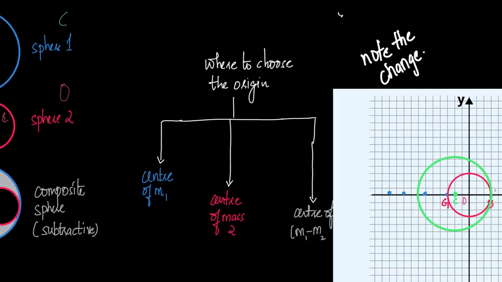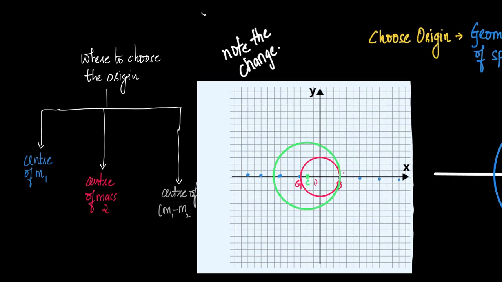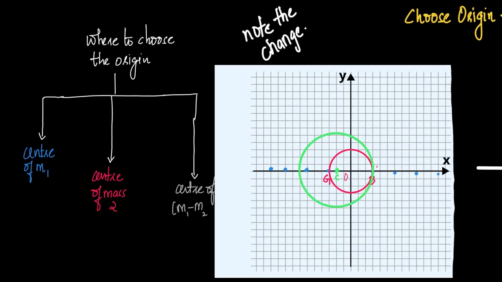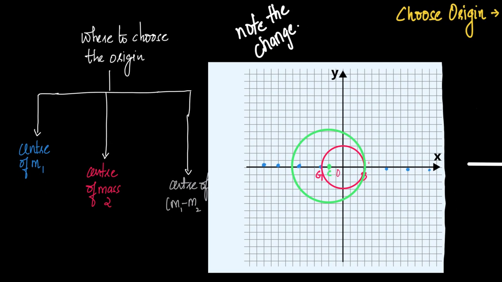Okay. Now, where will you choose the origin? You can choose the origin either to be the center of m1, the geometric center of m1, or you can choose the origin to be the geometric center of mass 2, or the center of mass m1 minus m2.